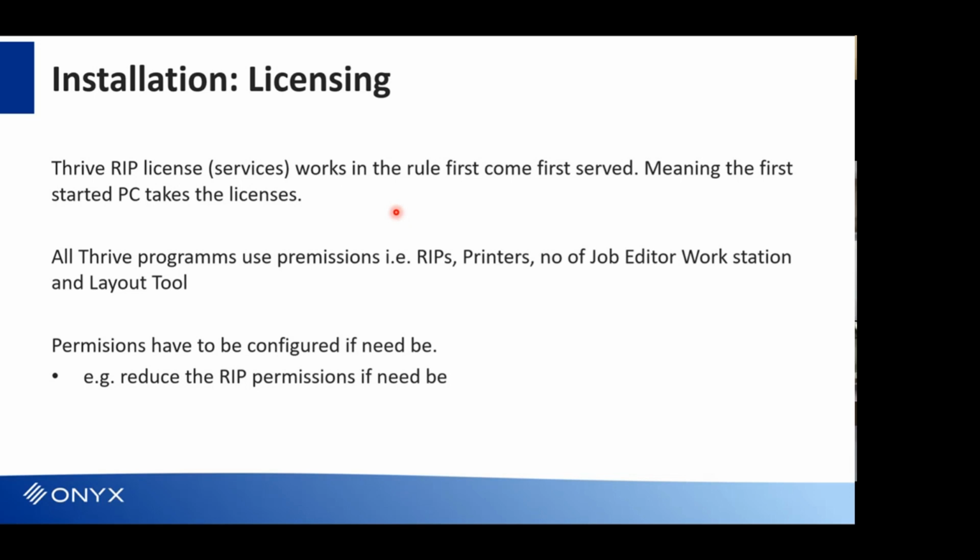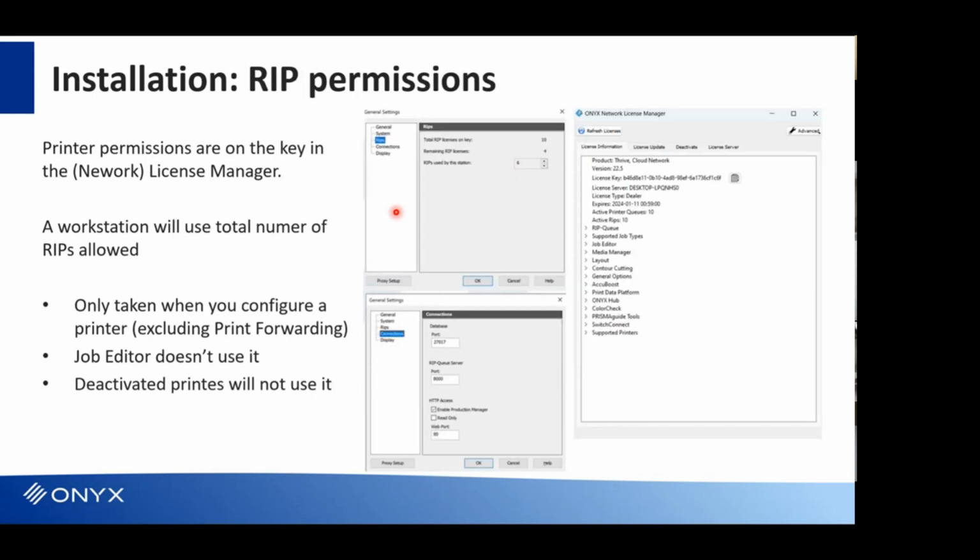You can configure the number of RIPs and assign the number of RIPs for each print station in the general settings in the configuration. Here, as for the RIP permissions, the network license manager for the soft key or the license manager for the dongle will tell you how many active printers or how many RIPs you can use in total.